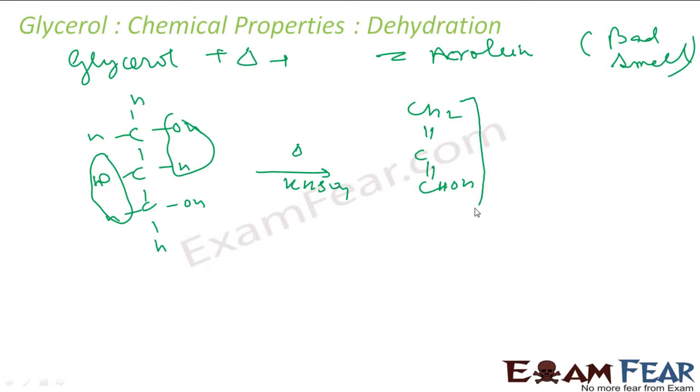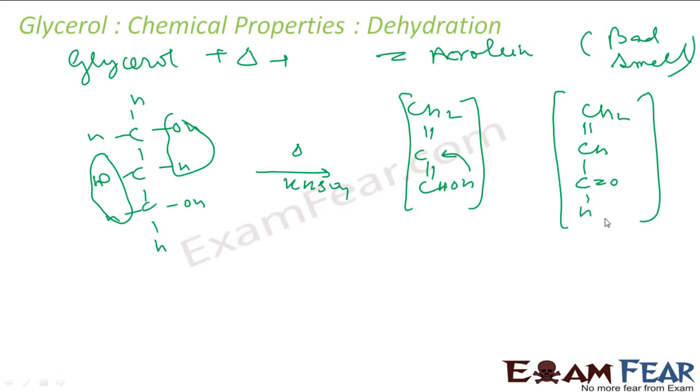It's unstable actually, right? And from this, this H will jump here, and you get CH2=CH-CHO, and this is my acrolein, a foul smelling acrolein.